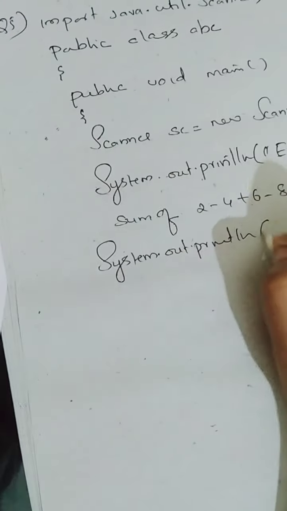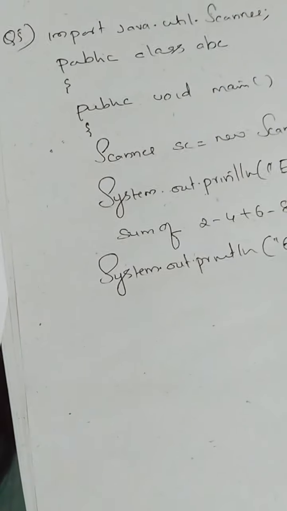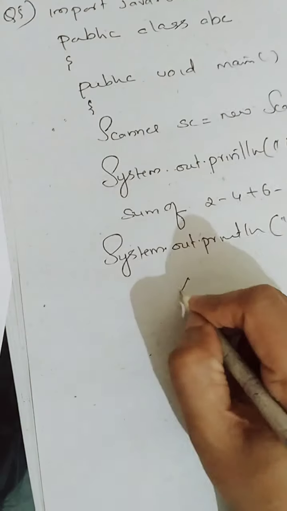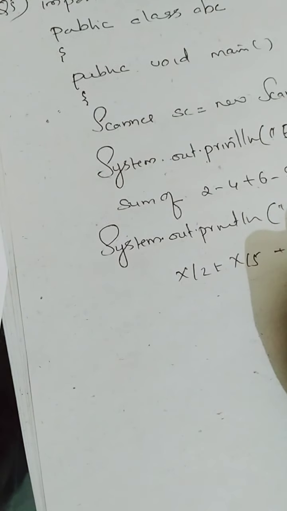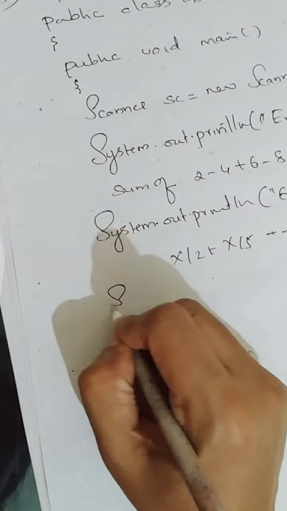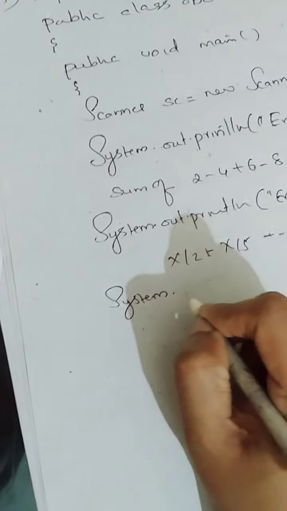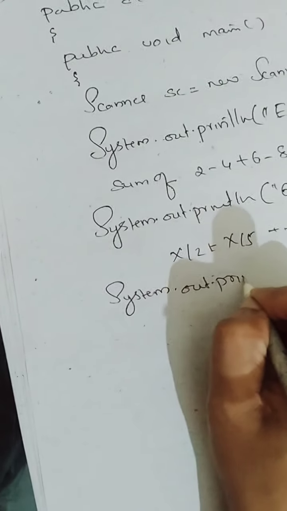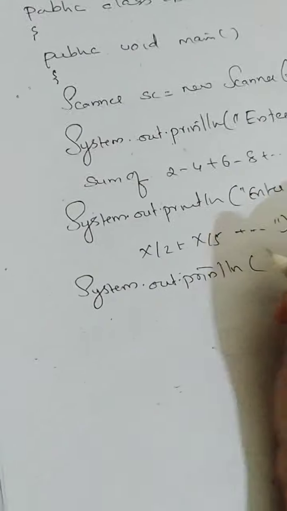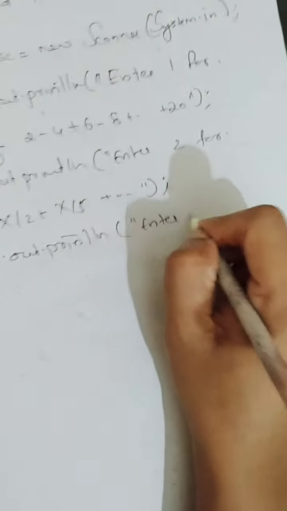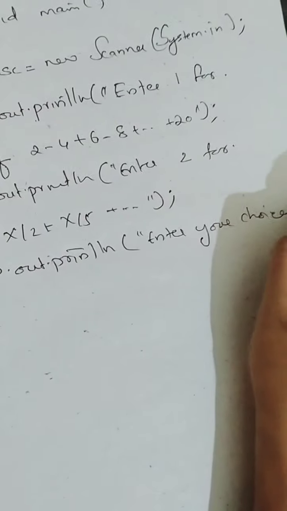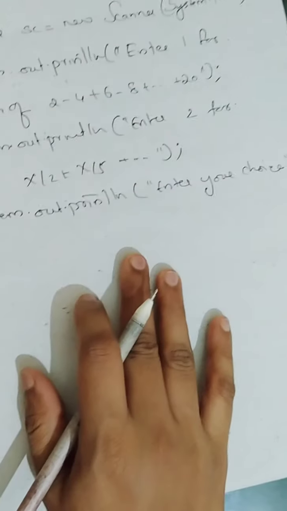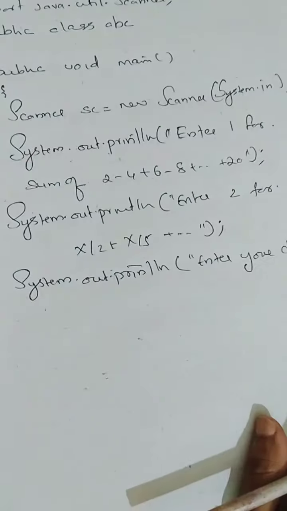Then System.out.println, "Enter 2 for x by 2 plus x by 5 plus etc." double quotes close. Then System.out.println, "Enter your choice." So the first part is done. I have given a menu to the user.